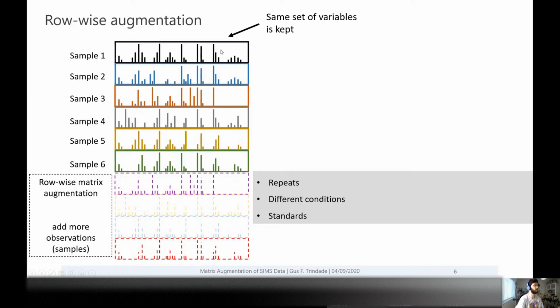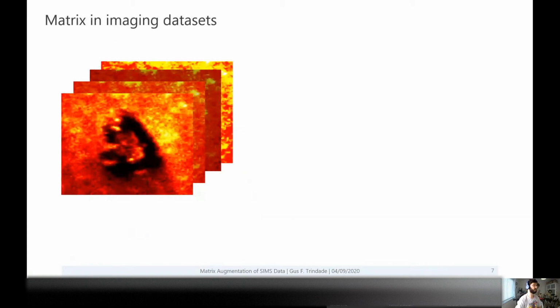The original ones here. We're just adding more stuff. So this could be as simple as adding repeats, things that we typically do, like data we acquire on different dates. You can just add more data to increase the statistics, for example, or you can change the conditions, or you can add standards. So very simple, right? We do this all the time.